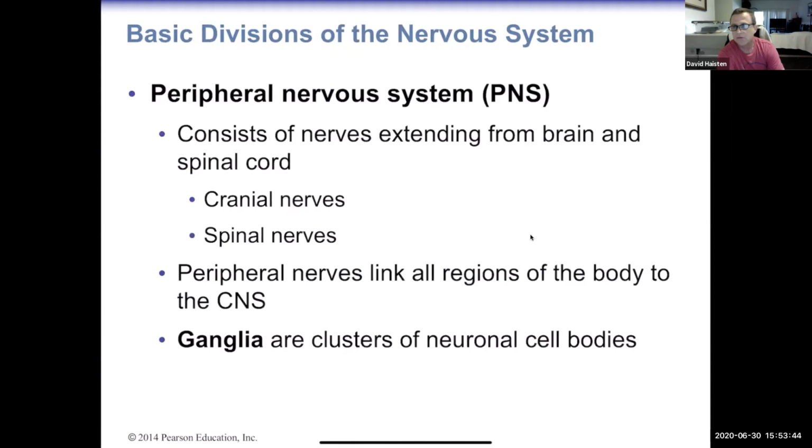We have 12 pairs of cranial nerves and 31 pairs of spinal nerves. So all regions of the body are tied into the CNS. Like I said, ganglia are clusters of neuronal cell bodies. Any given ganglia is a ganglion, just one of them. Depends on which one we're talking about.